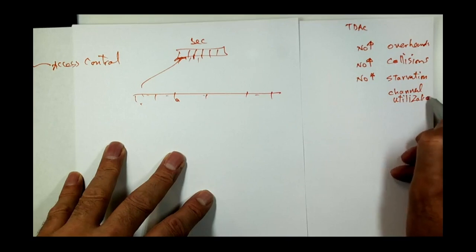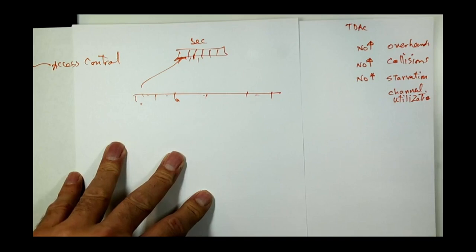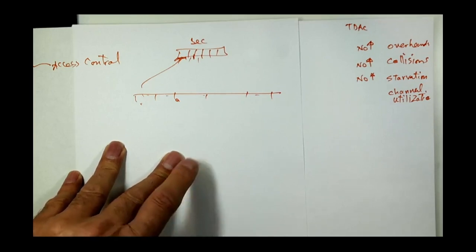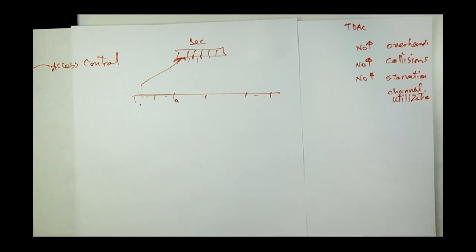What do we mean by channel utilization? What's that measurement? Anybody knows what it is? What's the measurement of utilization in general? Yeah? How much of the available bandwidth the device is utilizing? Yeah, it's the percentage of the used amount compared to the total amount.